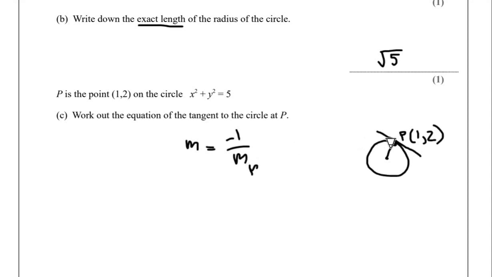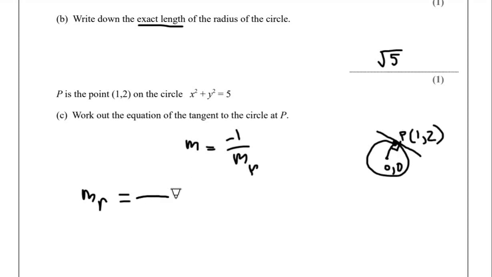Because the tangent is perpendicular to the radius, first we need to find the gradient of the radius of this circle. And so we have 2 points on the radius. One is (0, 0), and the other is (1, 2).